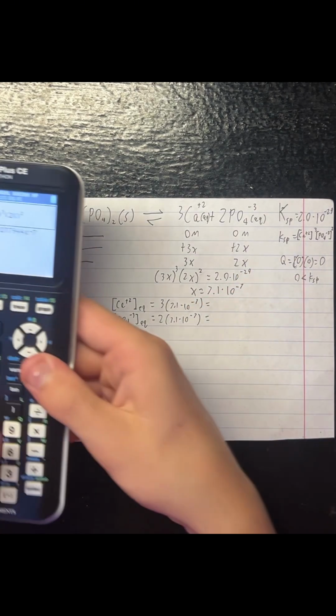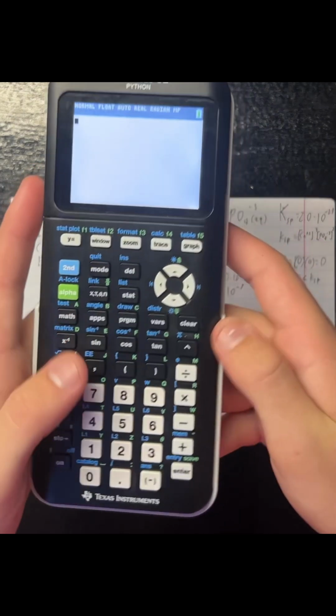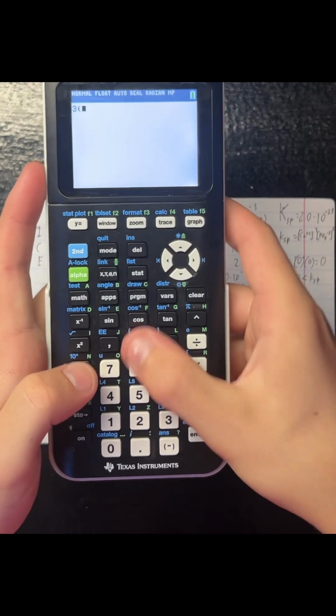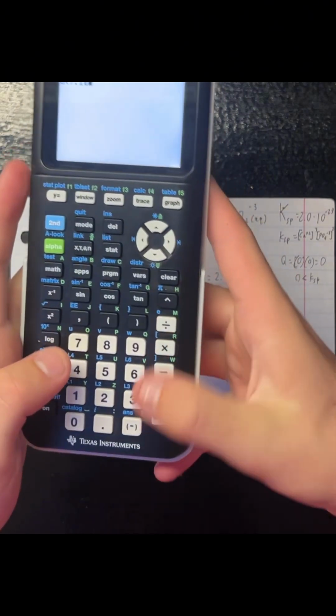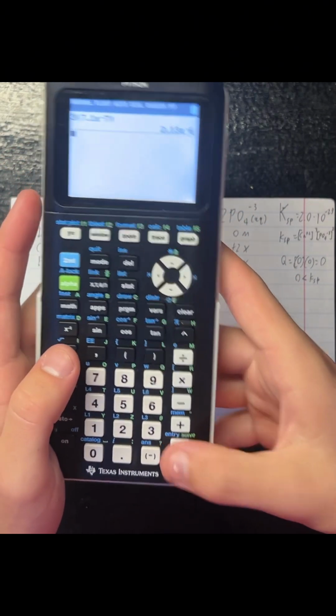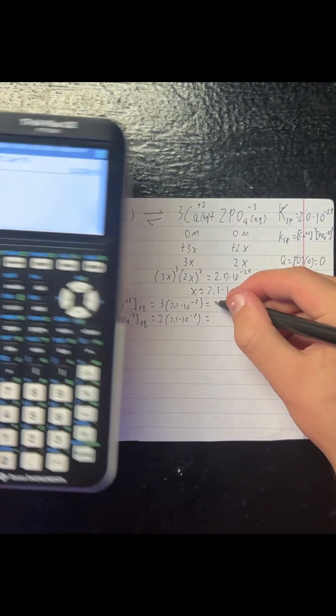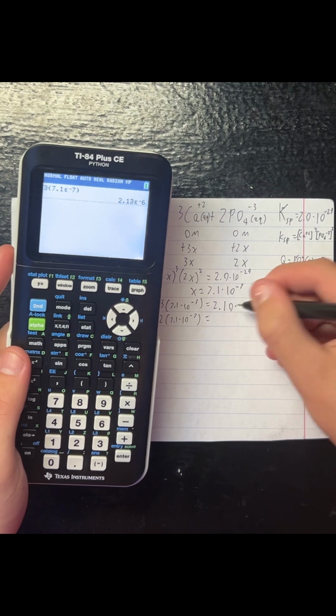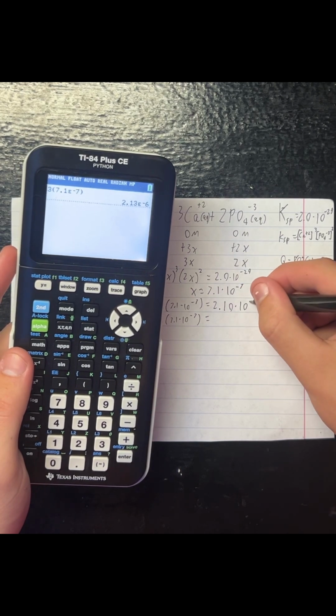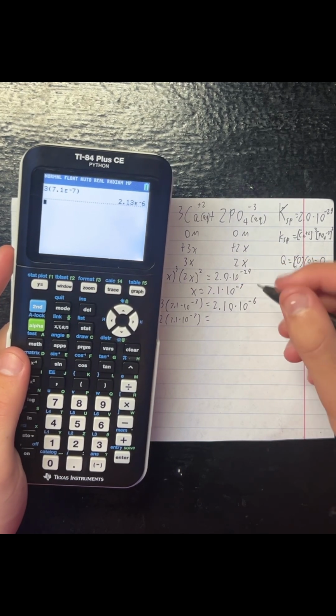So we can do 3 times 7.1 times 10 to the negative 7. What do we get? We get 2.10 times 10 to the negative 6.